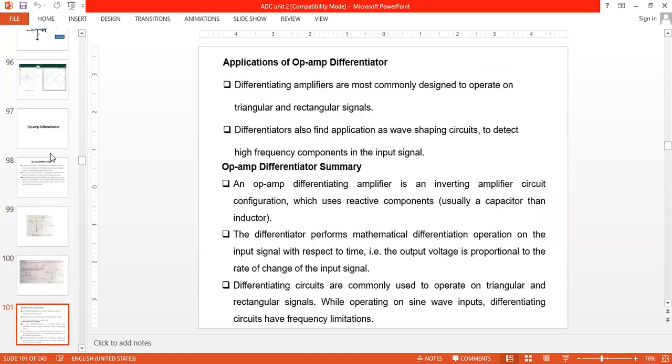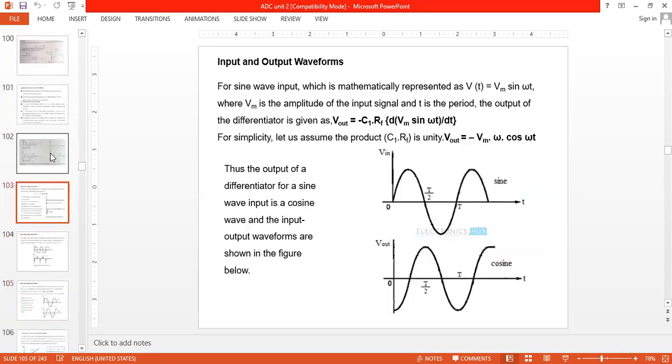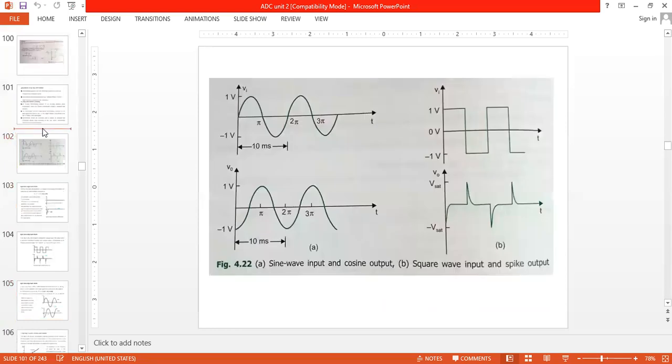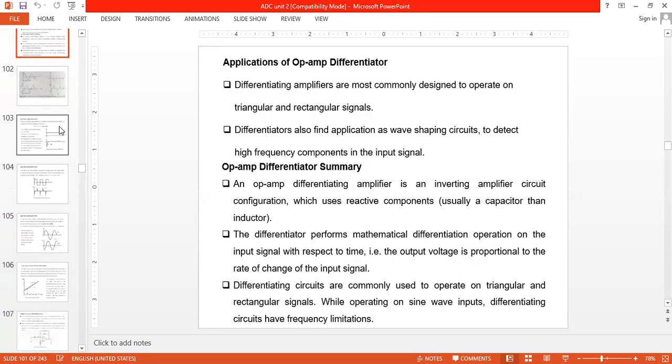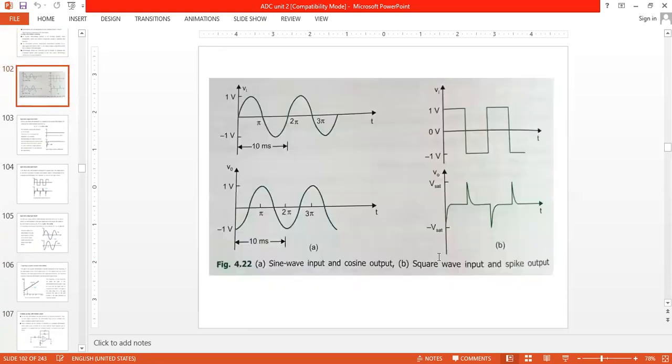Applications of the operational differentiator. Differentiating amplifiers are most commonly designed to operate on triangular and rectangular signals. Differentiators also find application as wave shaping circuits to detect high frequency components in the input signals, and the differentiator performs the mathematical differentiation operation on the input signal with respect to time. If you give a sine wave, you will get a minus cosine wave.